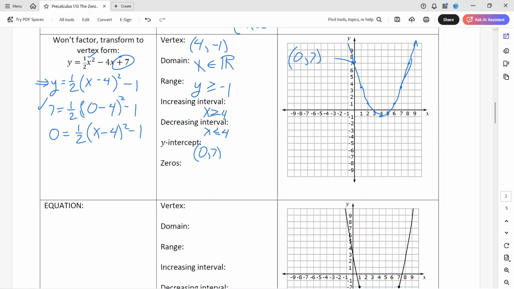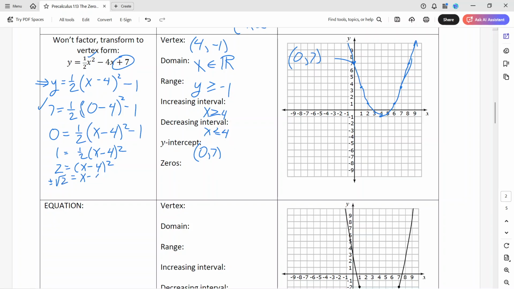So in sequence, we say x subtract 4, then we square, then we multiply by half, then we subtract 1. The last thing done is the first thing undone. Add 1 to both sides. 1 is equal to 1/2 times (x minus 4) squared. So again, x minus 4, then squared, then times half. So now I'm going to double both sides to reverse the effect of the half multiplier. 2 is equal to (x minus 4) squared. Take the square root. Don't forget the plus minus.